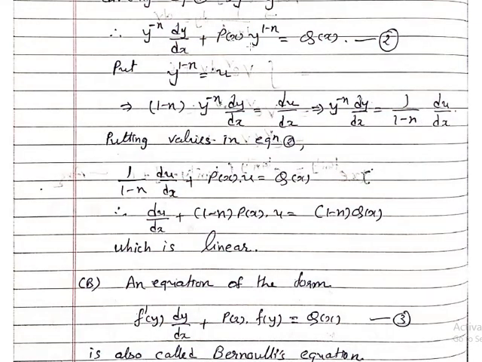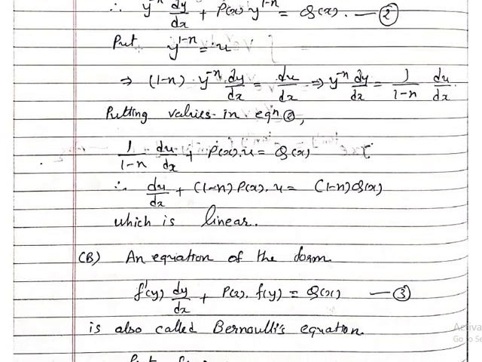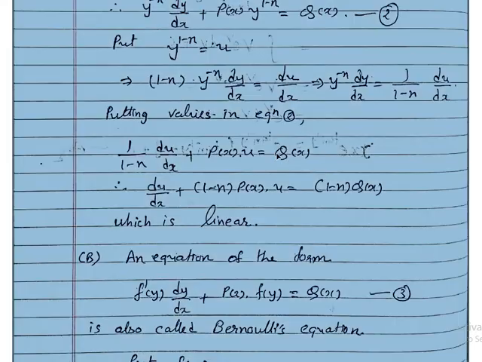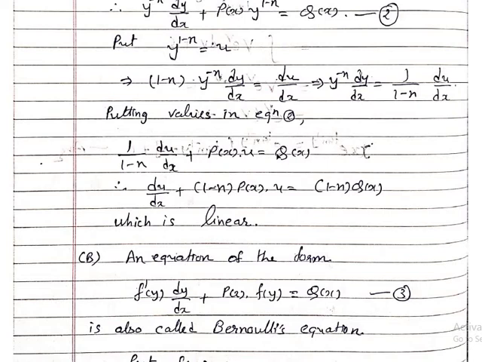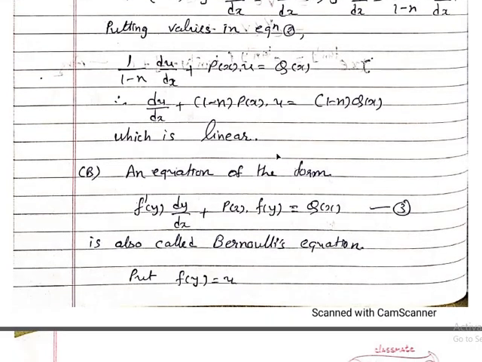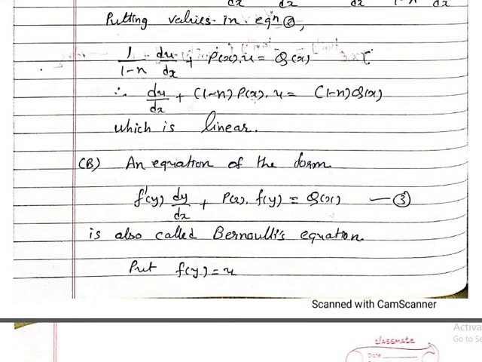So putting these values in equation 2, that will give you 1 upon 1 minus n du by dx plus px into u is equal to qx. And therefore what we have is du by dx plus 1 minus n into px into u is equal to 1 minus n into qx.